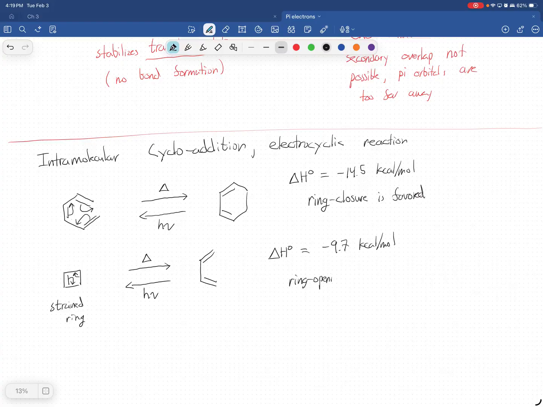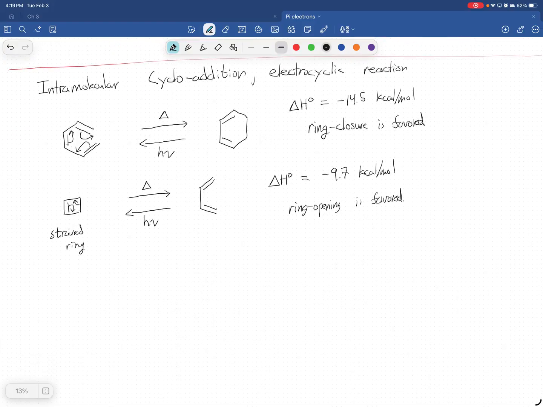So ring opening is favored. Now, if you try to do the reverse reaction, we know that the forward direction is very favorable. But if you start with this and heat it, you might think, can't we just go backwards? No, you get no reaction.